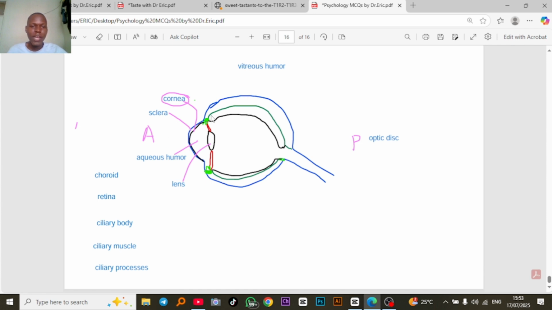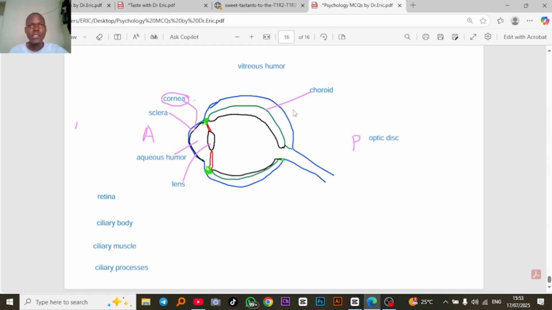Then we have an inner layer just beneath the sclera. That's what we call the choroid. This one in green, that's the choroid just beneath the sclera.